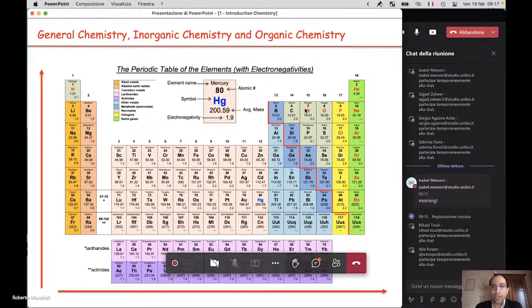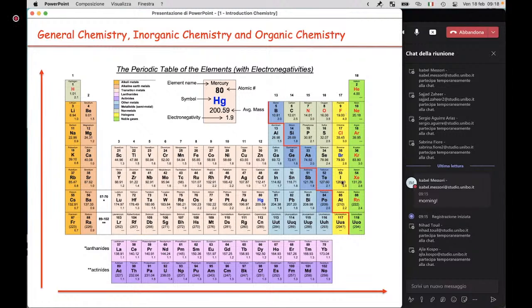Since in organic chemistry, almost all compounds are composed of course, mainly carbon, which is here a non-metal, and also nitrogen here, oxygen here, phosphorus here, sulfur here, and sometimes some halogens, fluorine, chlorine, bromine, iodine. Okay, so almost everything in organic chemistry is a non-metal with electronegativity values quite close one to the other.